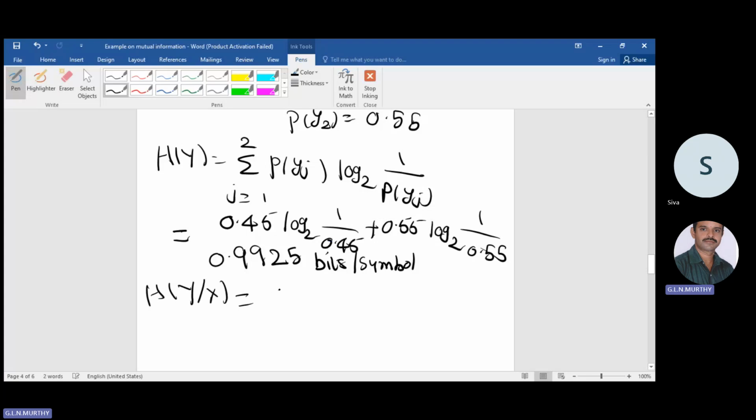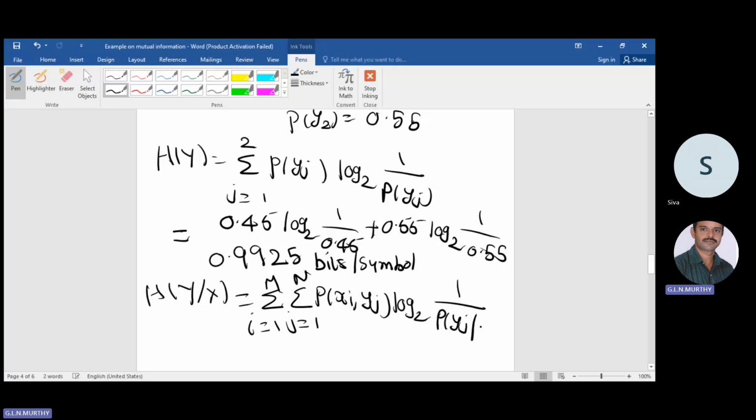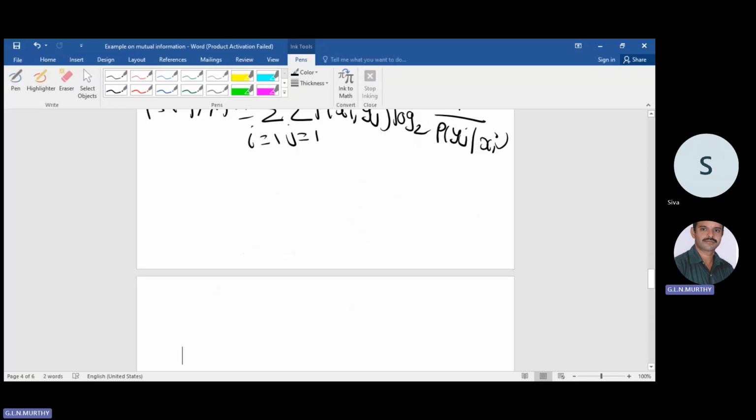The conditional probability has been given. The expression for conditional entropy is mentioned here: the sum over i and j equals 1 to n of P of xi yj log base 2 1 by P of yj upon xi. We know all these values, they are given or estimated.